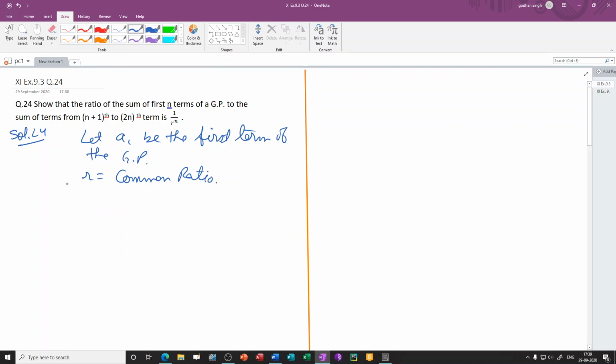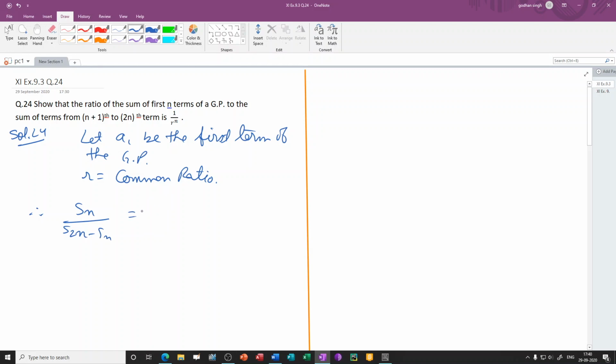So now we'll find the ratio of the sum of the first n terms of the GP to the sum of terms from n plus 1th to 2nth term. Therefore we can say that Sn over, when we have to write the sum of terms from n plus 1th to 2nth term, we can write S2n minus Sn.